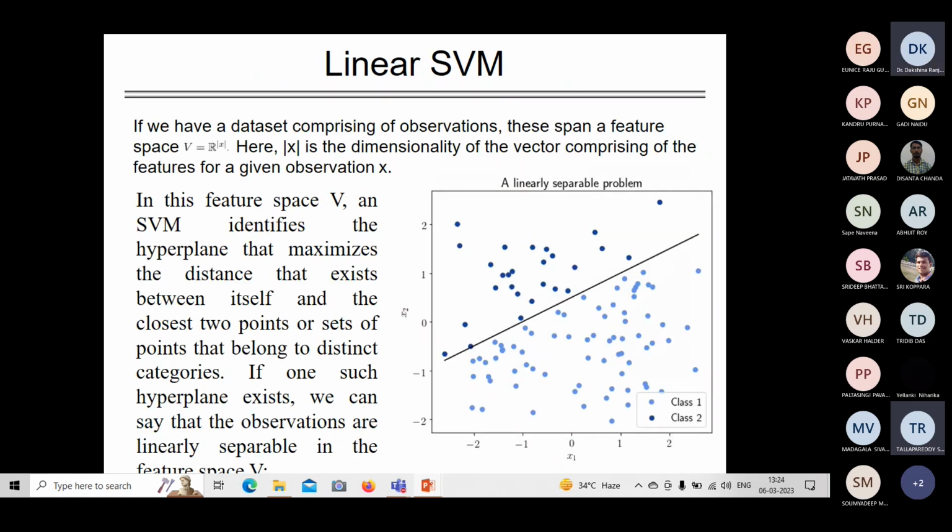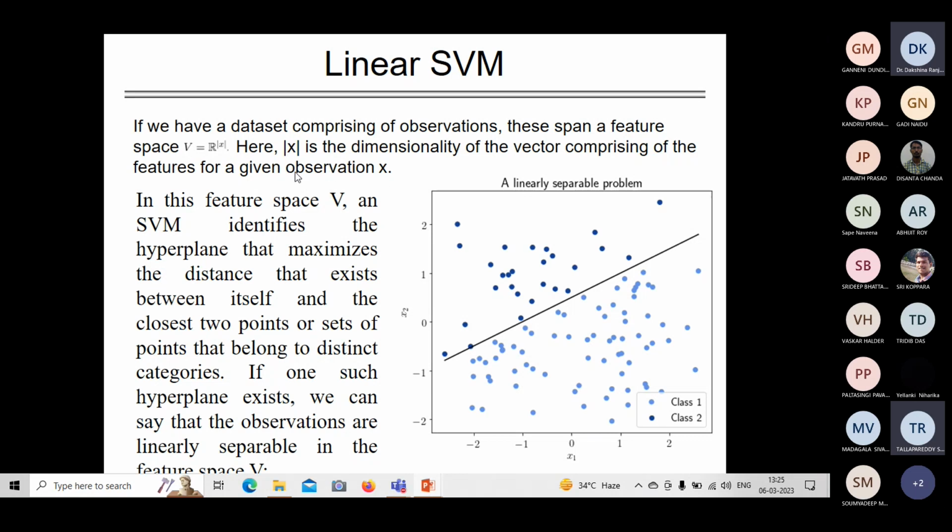Now let us talk about linear SVM. Consider a dataset of a number of observations, which spans a feature space V equal to R^|X|. Here V is the feature space, and X is the set of observations.